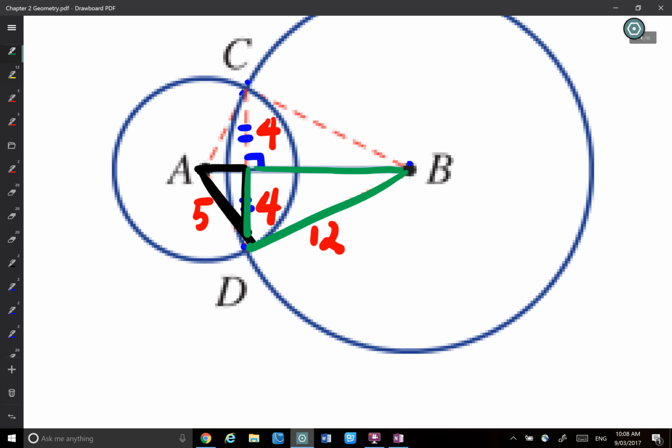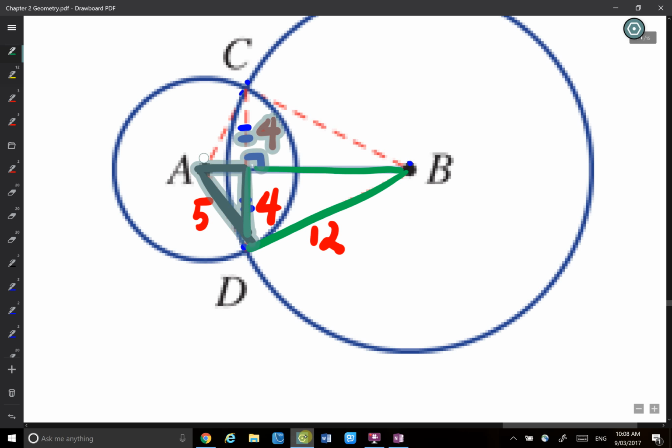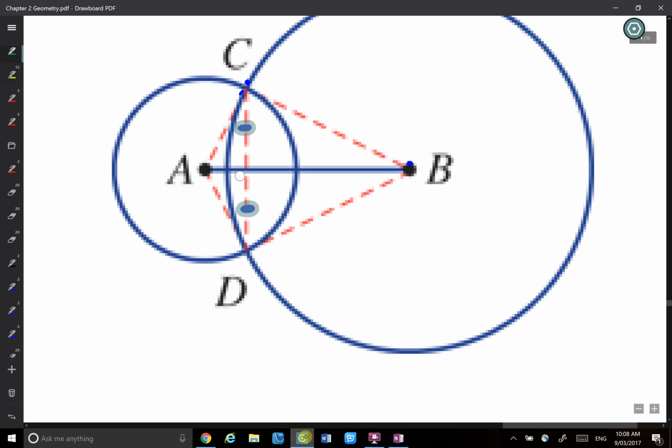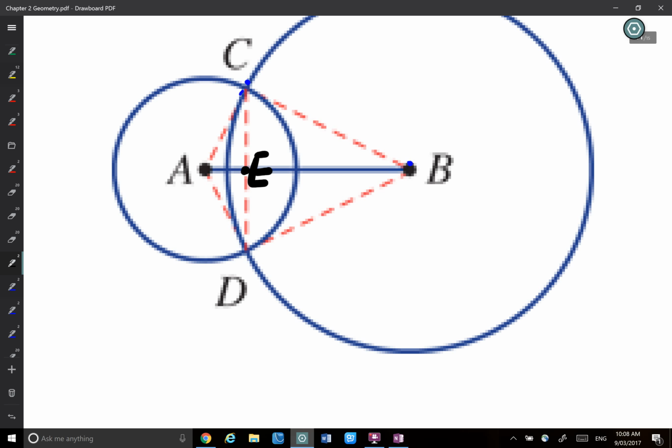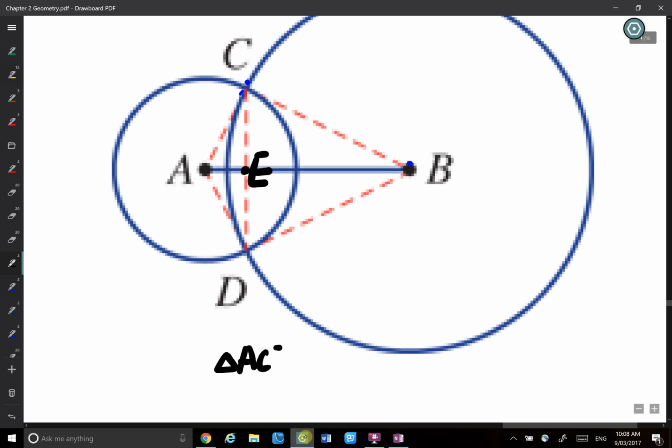So we need to find a way to prove this. Let's say this point is E. CD and AB intersect at point E. If we want to say CE equals DE, and also that AEC and AED are 90 degrees, the best thing to do is prove that triangle ACE is congruent to triangle ADE.